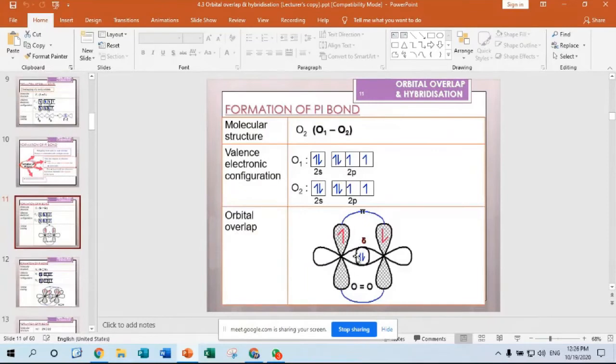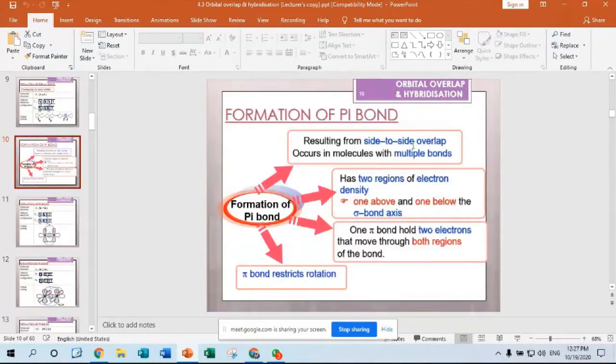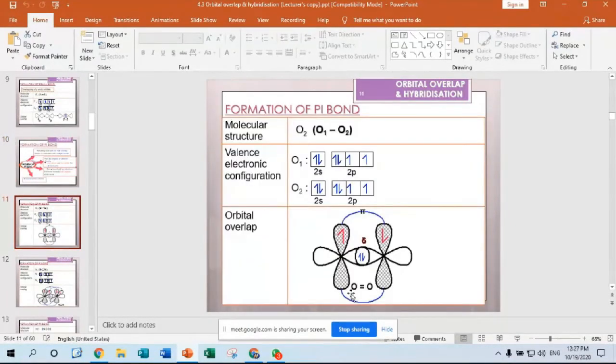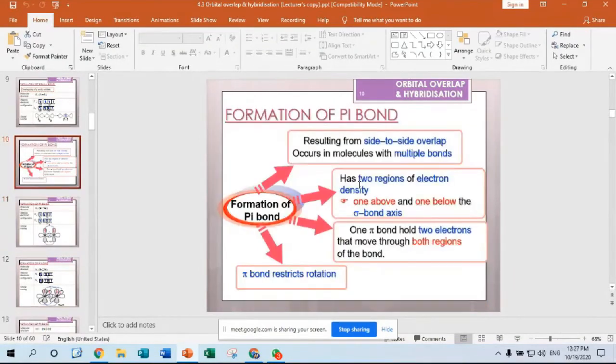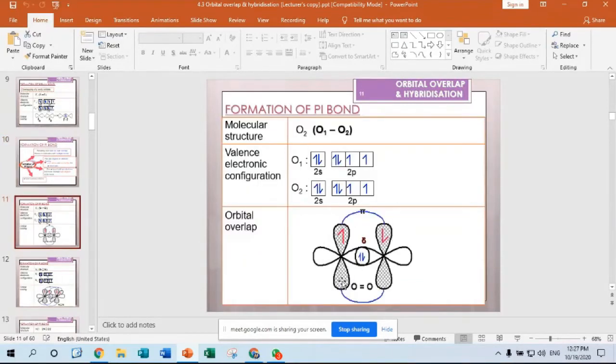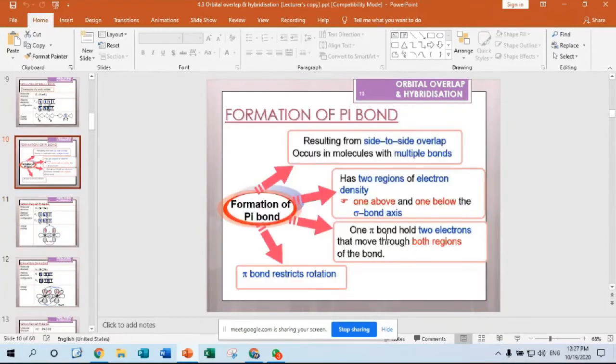One pi bond, dua-dua ini baru jadi satu pi ya. So side to side overlap. Dari tepi ke tepi overlap. Okay, and one above, one below. Satu ke atas pi, satu ke bawah, baru bentuk satu pi. And then hold two electron through both region.